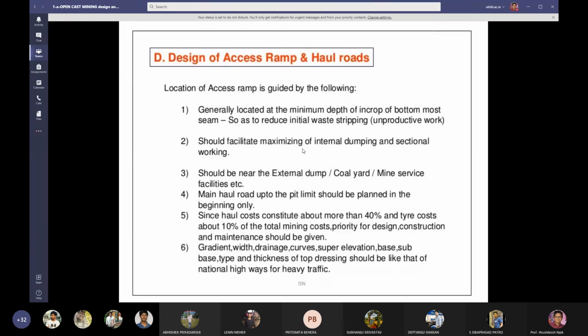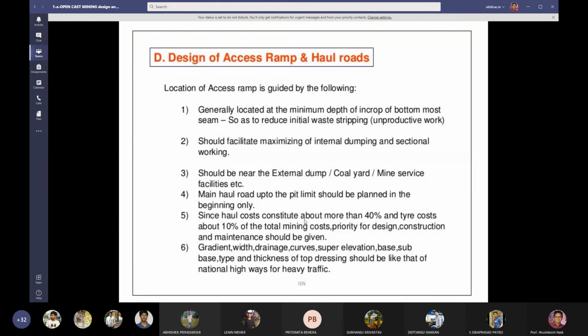It should facilitate maximizing of internal dumping and sectional working. It should be near the external dump, coal layer, and mine service facilities. The main haul road up to the pit limit should be planned in the beginning only.